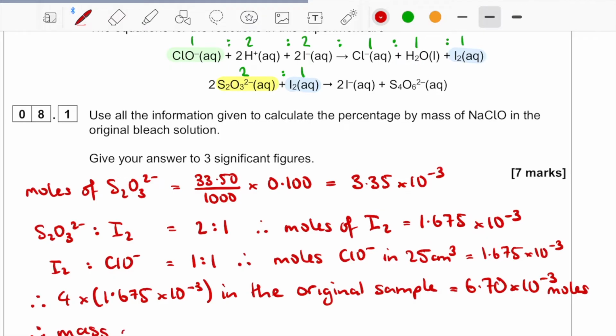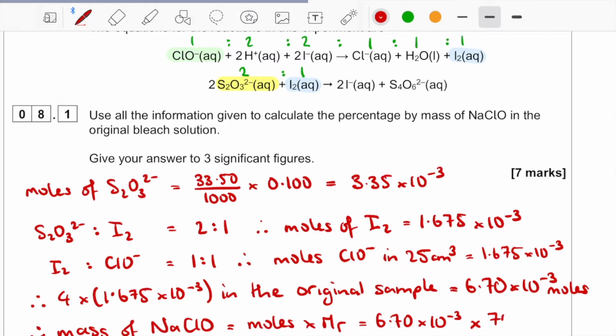So mass of NaClO, or sodium chlorate 1, equals our moles times our MR. We know our moles are 6.70 times 10 to the minus 3. And then the MR, use your periodic table, and you work it out to be 74.5. So that equals 0.499 grams. So we now have the mass of sodium chlorate 1 in our original sample.